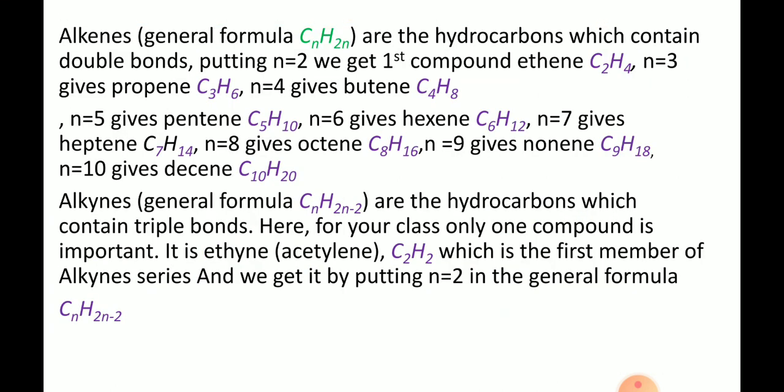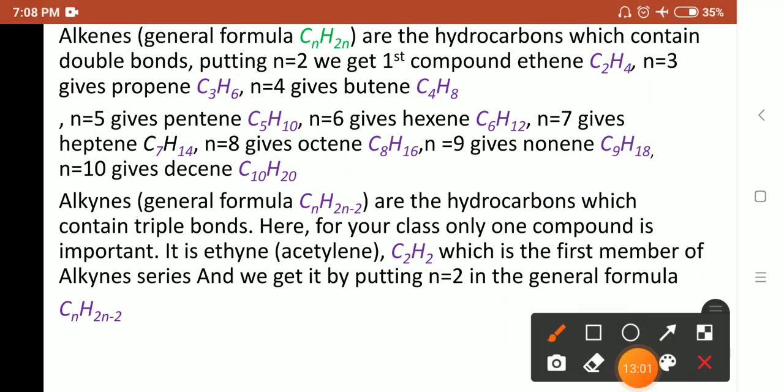Then coming to the alkenes, which is another example for the homologous series. The alkenes general formula is CnH2n. These are hydrocarbons which contain double bonds. So alkene means there will be a carbon-carbon double bond. Putting n equal to 2, we get the first compound here.